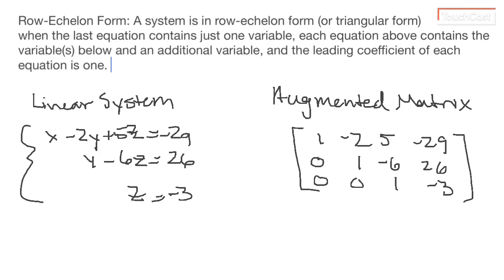Row echelon form is very nice because we can just use back substitution. We can take that last row and substitute it in to the one previous to that, and then find the next variable, and then take those values and substitute them in to the beginning one. So now, before we get into any examples, I want to go over some elementary row operations.